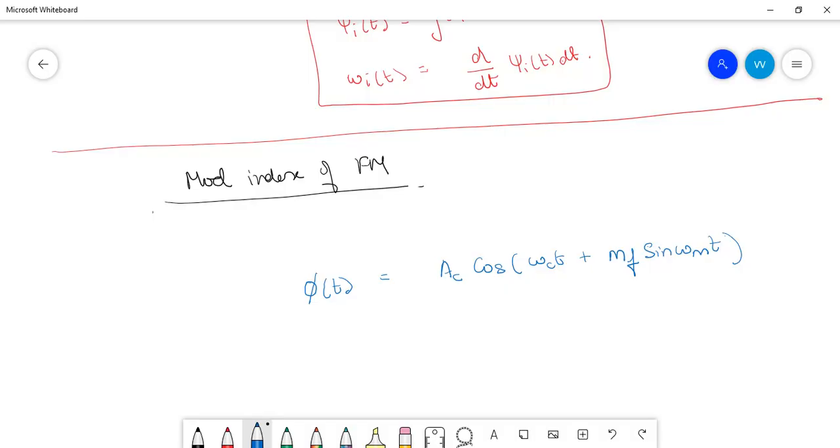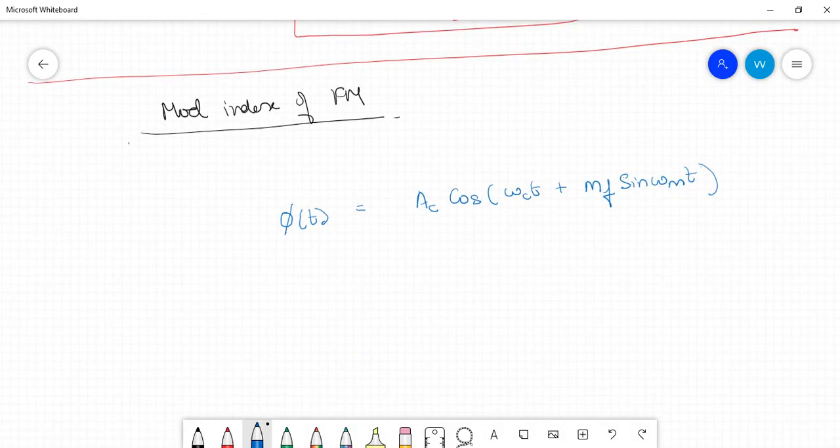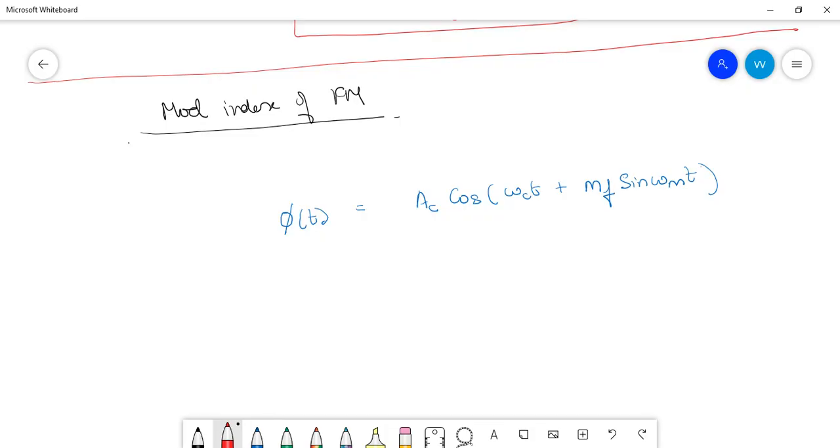Okay, so now I can say that my maximum deviation, the first thing that we can see over here, is that the maximum deviation in angle is basically the maximum rate of change of your modulating signal. Let us first denote the basics, which is the instantaneous angle.